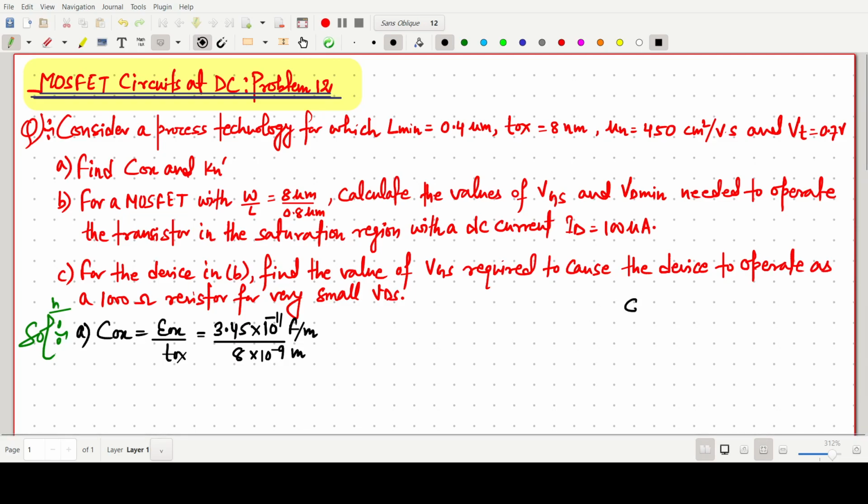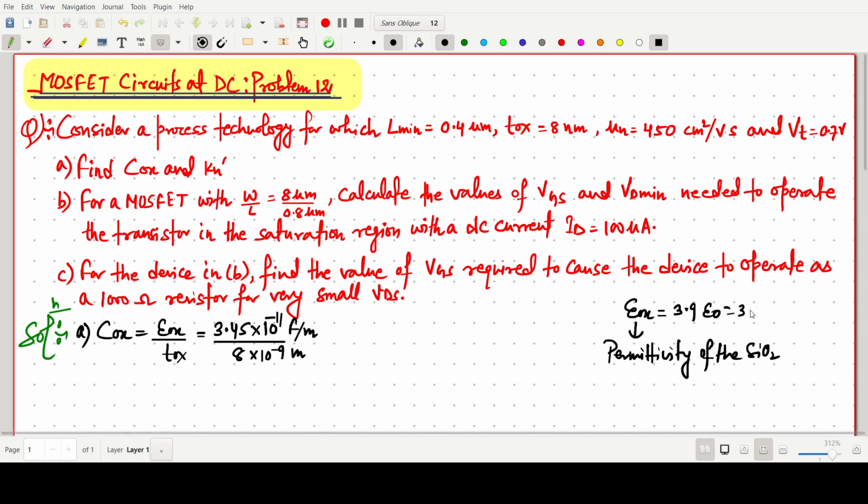One more thing for epsilon ox: it is 3.9 epsilon naught, which is simply the permittivity of the silicon oxide, SiO2.